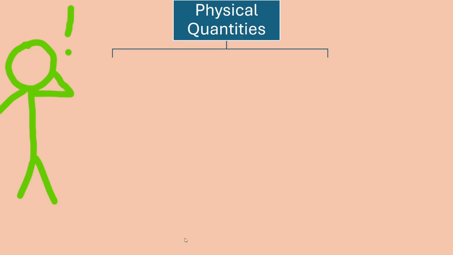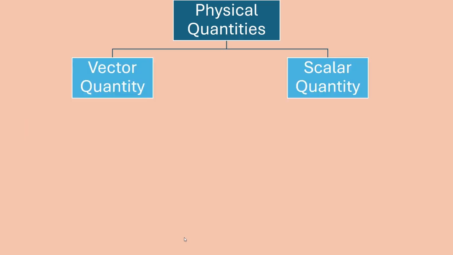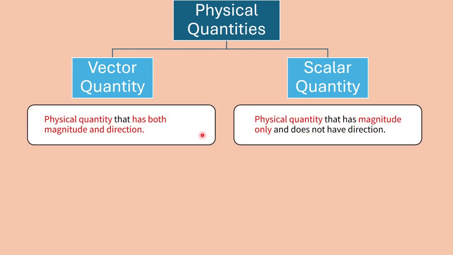There's actually another type of physical quantities, which are vector quantity and scalar quantity. Vector quantity is physical quantity that has both magnitude and direction, whereas scalar quantities are physical quantities that have magnitude only and do not have direction.